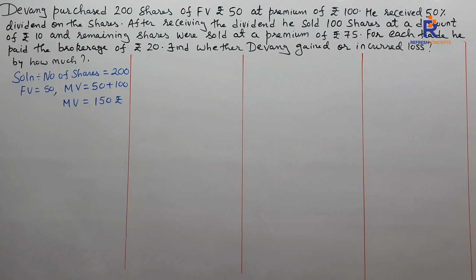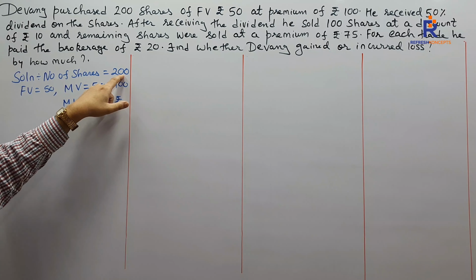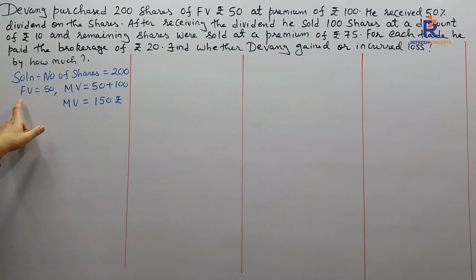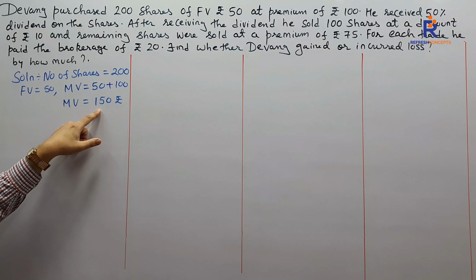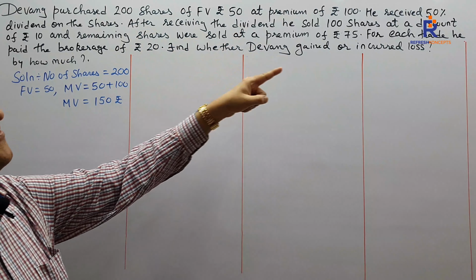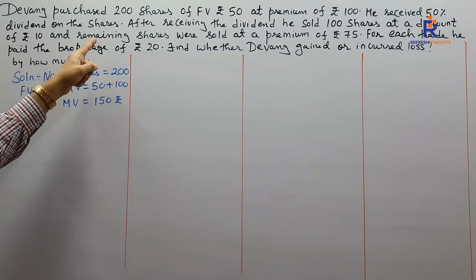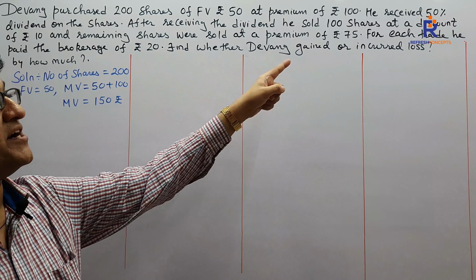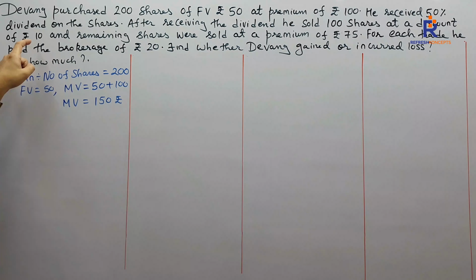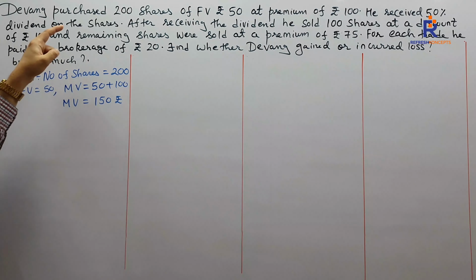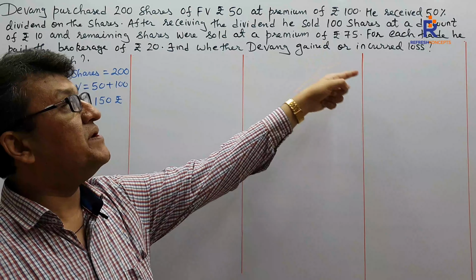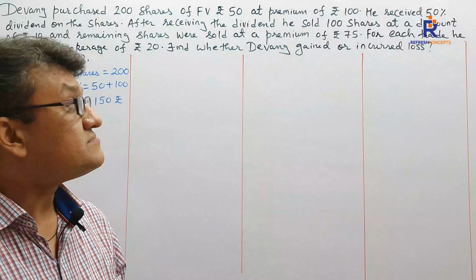The amount invested is number of shares 200 into the market value of one share. Right? He received 50% dividend on the shares. After receiving the dividend, he sold 100 shares at a discount of rupees 10. Let me read the question. And the remaining shares were sold at a premium of rupees 75.